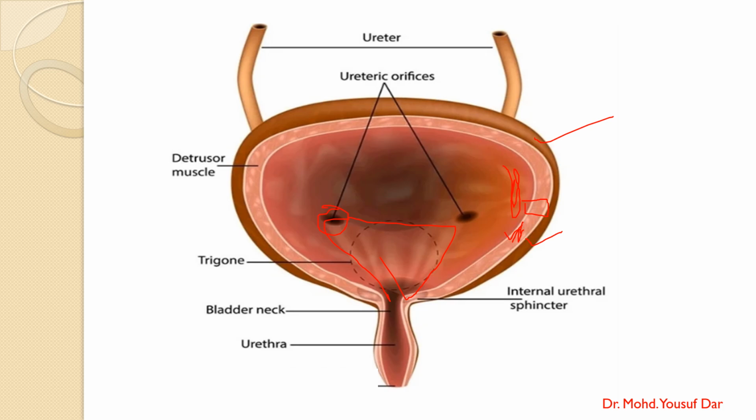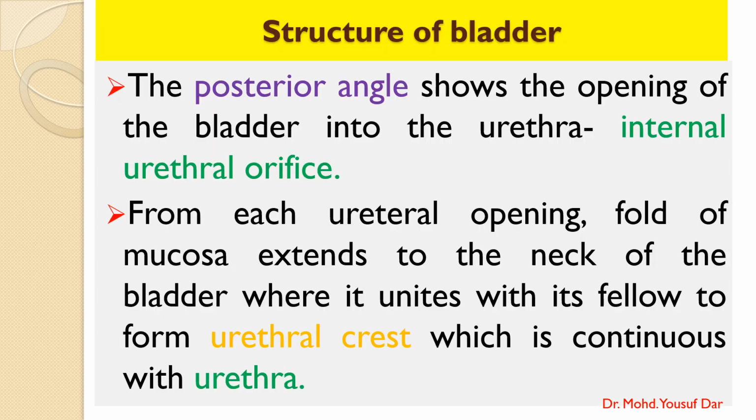The anterior angles represent the openings of the ureters, and the posterior angle represents the opening of the urinary bladder into the urethra, which is called the internal urethral orifice.